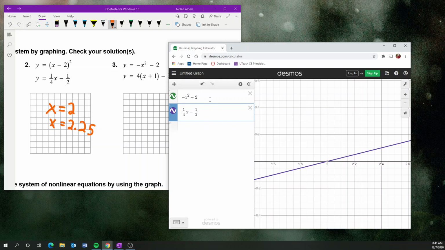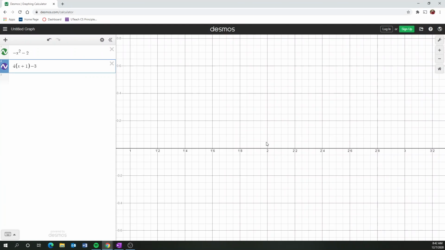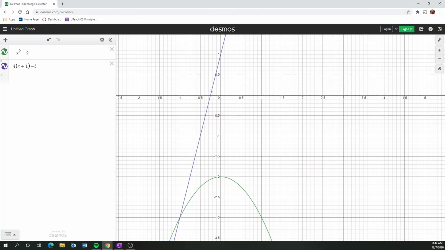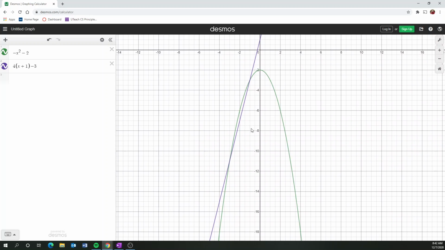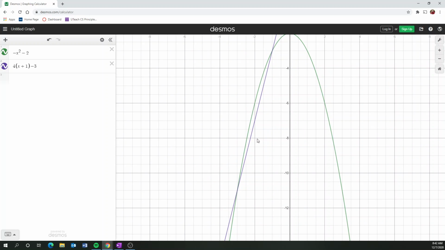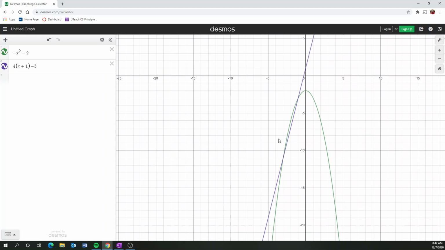Okay, and then let's see what this last one is. 4x plus 1 minus 3. Okay, we'll have to zoom out so we can see them. And I'll have to zoom out a lot so we can see where they intersect. Sometimes you have to zoom out a lot so you can tell what's going on.